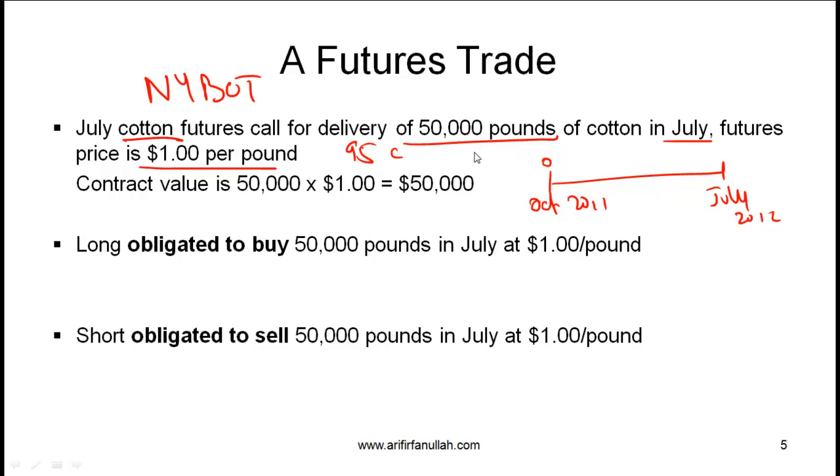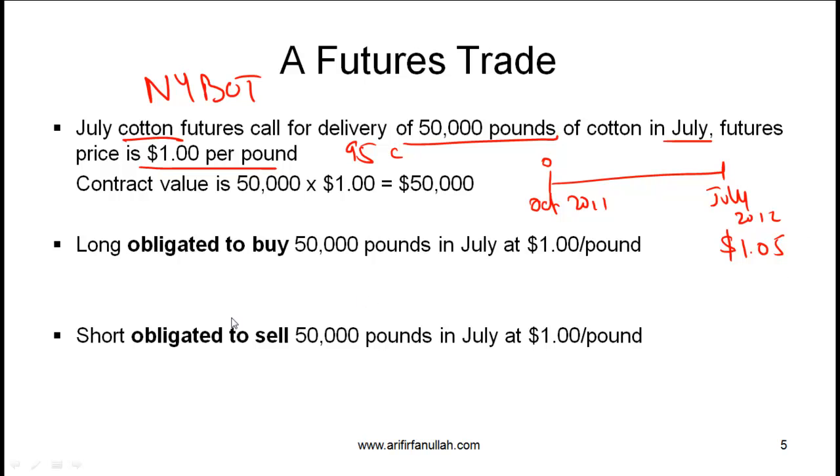Obviously, if the price of the underlying goes up, then the long benefits. Why? Because let's say the price goes up to $1.05. So when the price goes up, the long benefits, because the long has a commitment from the short that he will get cotton for $1 per pound. So if the underlying price goes up, so at maturity if the price is 1.05, clearly the long benefits, because in the market the price is $1.05 per pound.